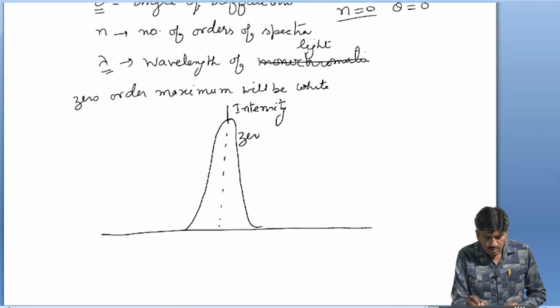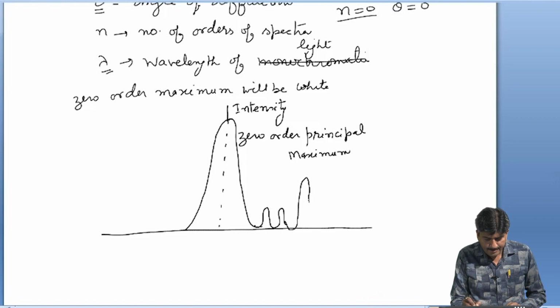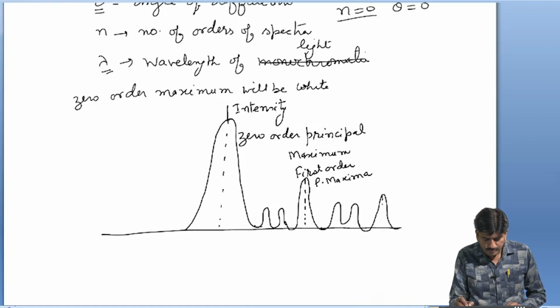This is the zero order principal maximum, and this is the first order principal maximum, and this is the second order principal maxima.